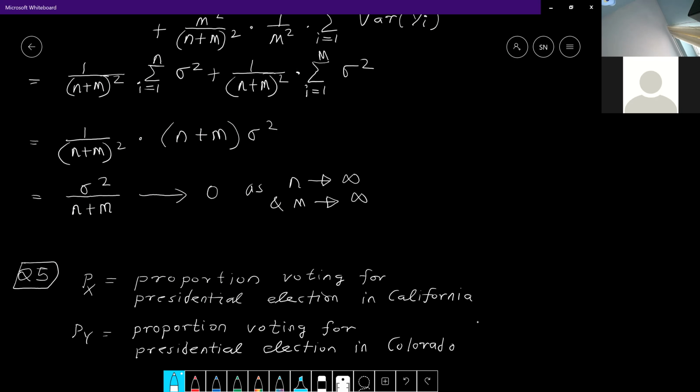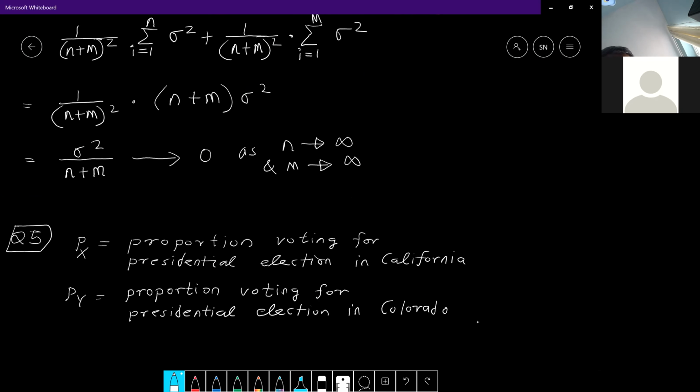And the question here is to find a 95% confidence interval for the difference in the proportions, that is Px minus Py. Now, if you look at my printed notes or the scan notes, you see a formula that I gave you in the class.